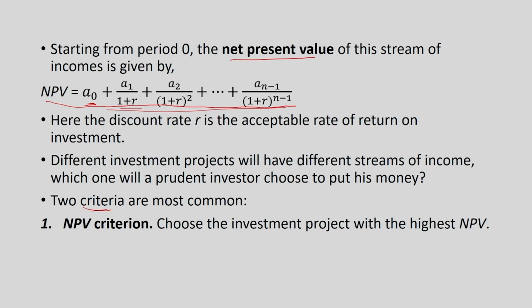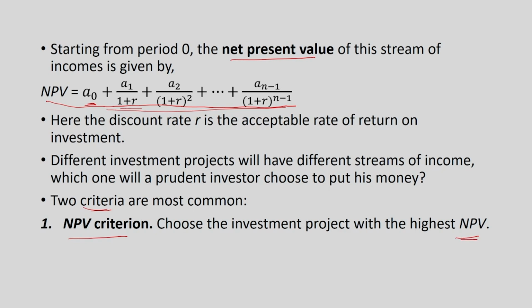One is the NPV criterion, net present value. And what does this criterion say? It says a very simple thing: choose the investment project with the highest NPV. So, that is why it is called the NPV criterion.